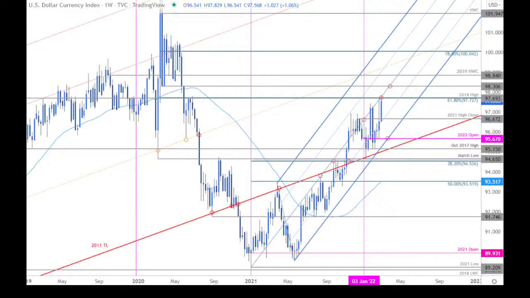So we see that sinking real yields typically boost commodities such as gold prices, and US CPI will be published on Thursday, with the market anticipating an annual headline rate of 7.8% and 6.4% on the year-to-year core rate.